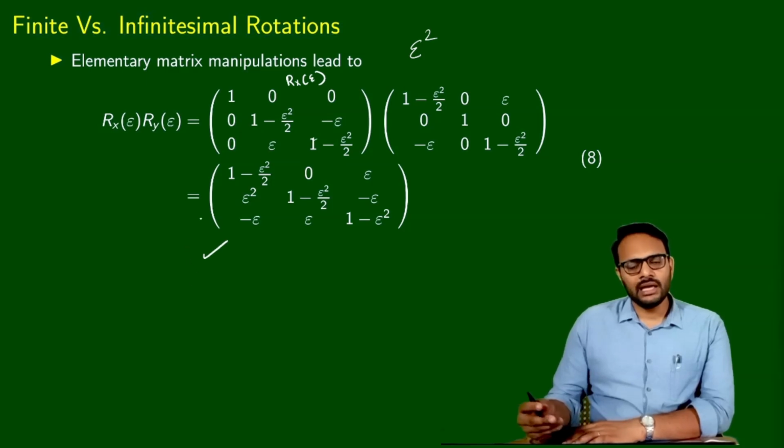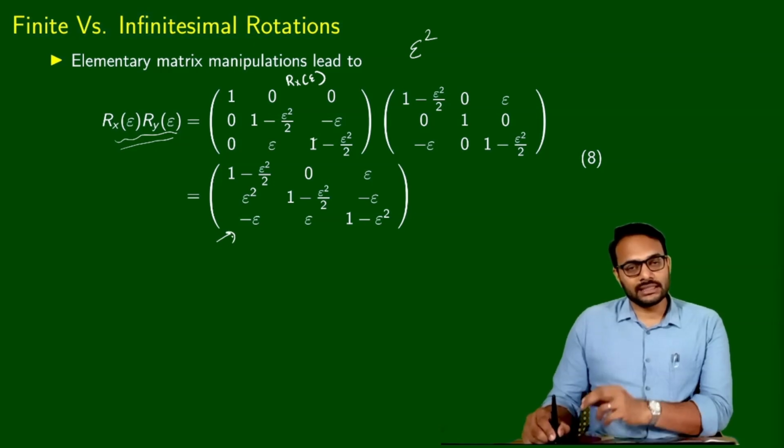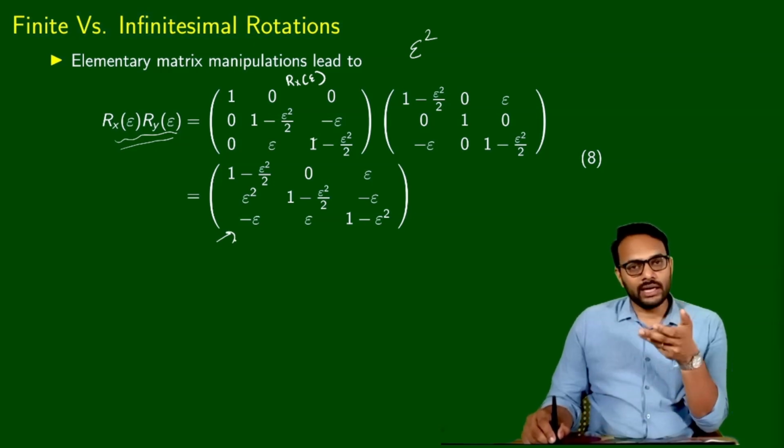I leave it as an exercise for you to do this matrix multiplication. So the product of the matrices Rx of epsilon, Ry of epsilon gives us this square matrix. This would be the square matrix corresponding to two rotations, one first about the y-axis by an angle epsilon, and then about the x-axis by an angle epsilon.